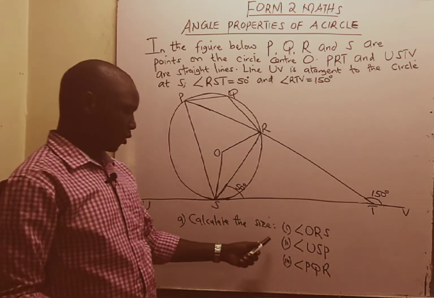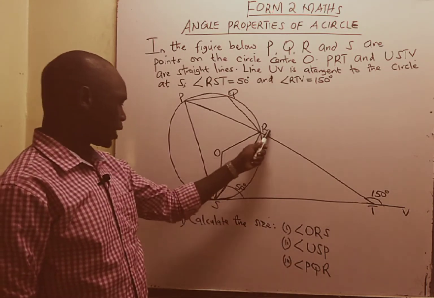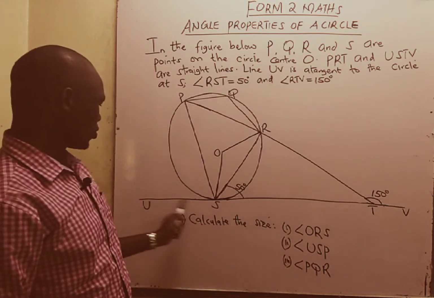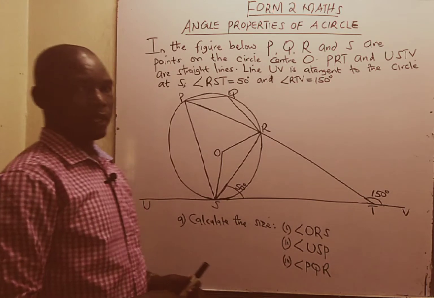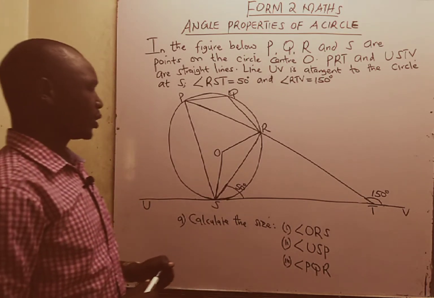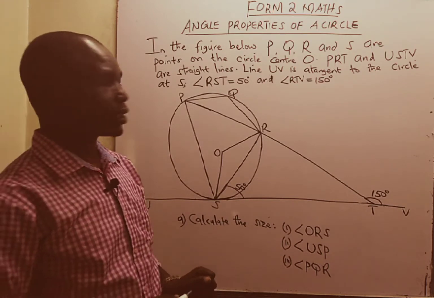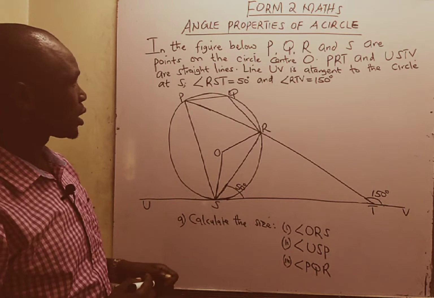Calculate the size of, Roman 1, the angle ORS, then USP, and lastly PQR.